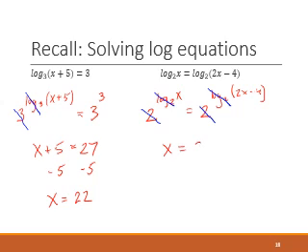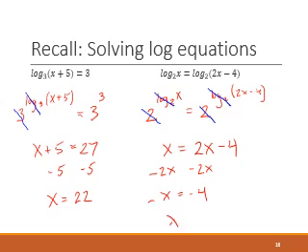So x is equal to 2x minus 4, and now you can finish solving. So I hope you are now starting to understand the way logarithms and exponentials are inverses of each other and how you could use them to go about solving equations.